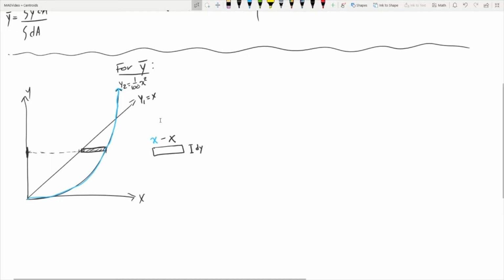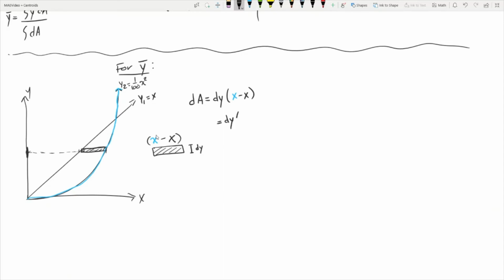Now with that, we can write the area of this rectangular piece as dA equals the length and the base multiplied together, which would be dy times our blue x minus the black x. And the blue x we can represent in terms of y, since we're going to be integrating a dy here eventually.